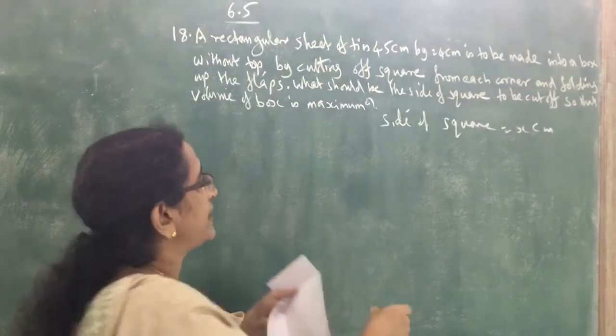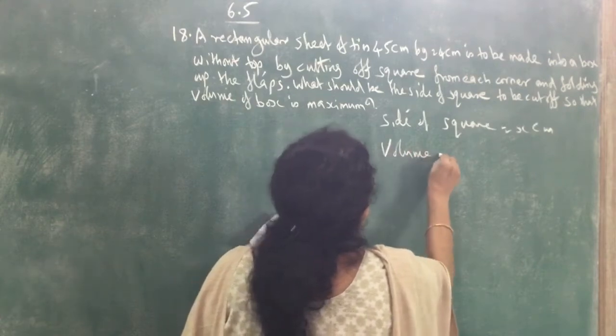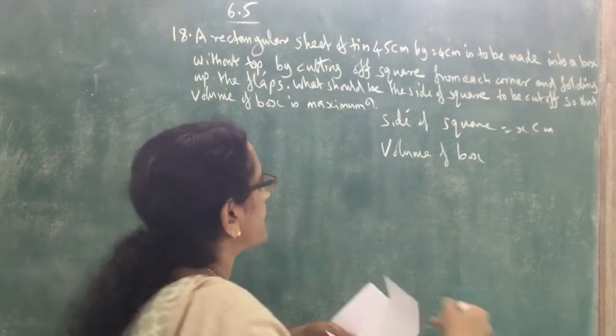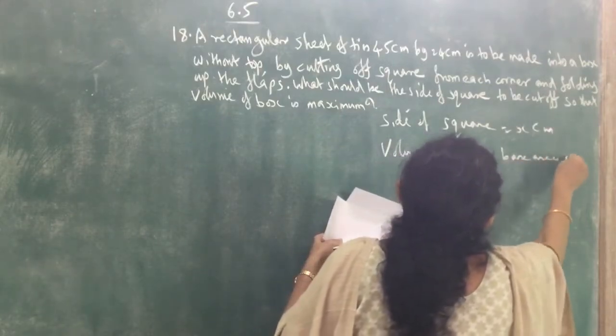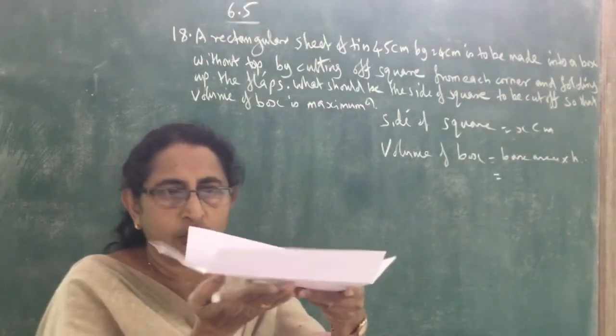So here we can write the volume of the open box, open at the top, equals base area into height. Base area means the area of the rectangle.